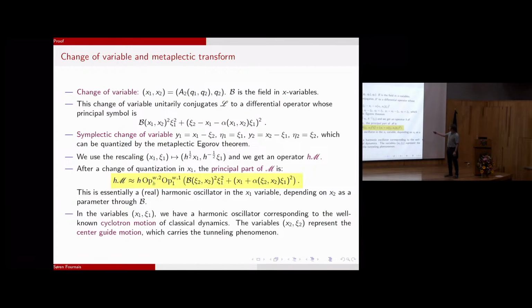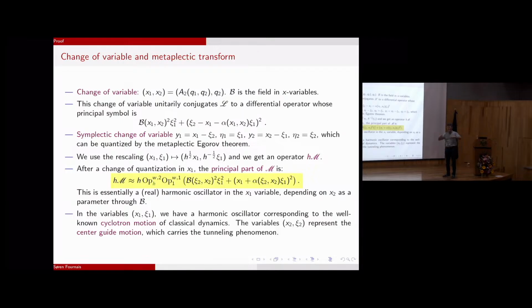If I didn't have this alpha term, then it would be exactly the constant magnetic field case, say if B was a constant. How would I diagonalize that? I would make a partial Fourier transform in x2, in psi2, and then make a translation to absorb that and really have just a harmonic oscillator in the x1 variables and nothing else. That's one way of diagonalizing the harmonic oscillator, the constant magnetic field.